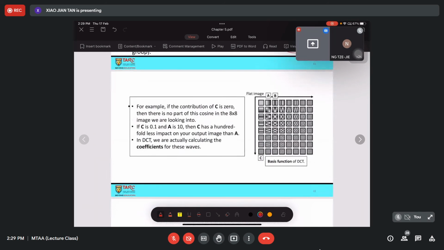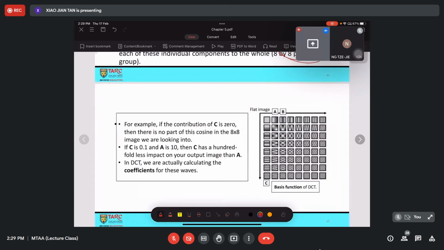So for example, if the contribution of C is 0, C is this one, then there is no part of that cosine in the 8 times 8 image we are looking into.